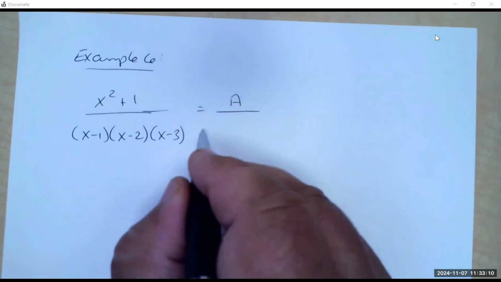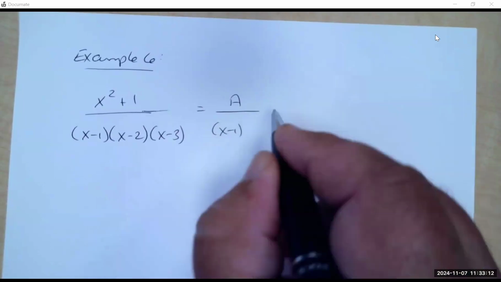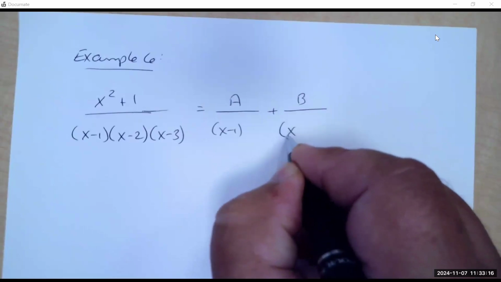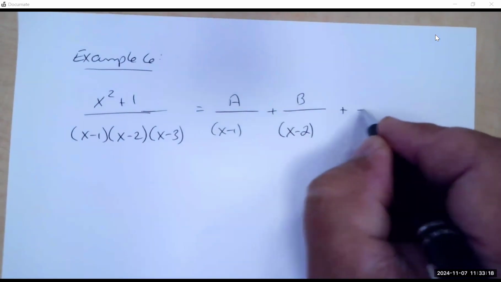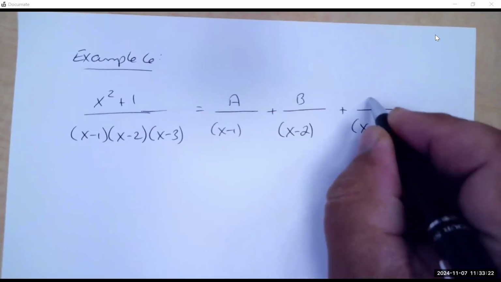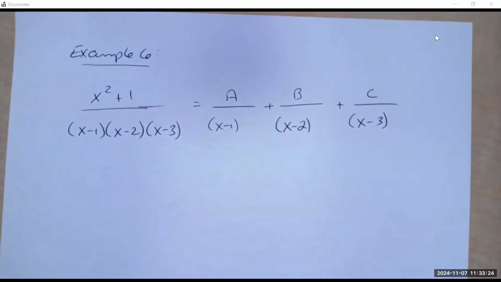That expands to A over x minus 1, B over x minus 2, C over x minus 3. Since these are all linear factors on the denominator, we're just asked to find A, B, and C.